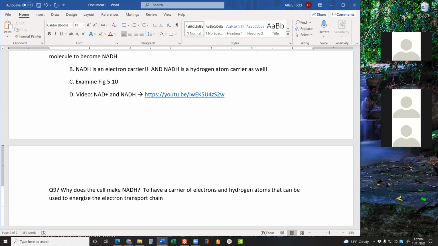So the cell is going through these chemical reactions of glycolysis and later the Krebs cycle to break down the nutrients in the foods that we eat and take into our body and rip some of those electrons and hydrogen atoms off those nutrient molecules in our food, put them onto NADH, which then acts as a Federal Express delivery guy to deliver those electrons to the electron transport chain. Because if I have electrons and hydrogen ions at the electron transport chain, I can use them to make ATP.